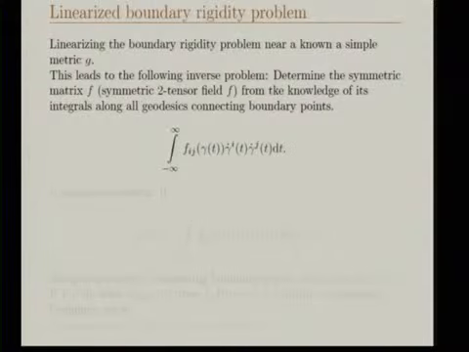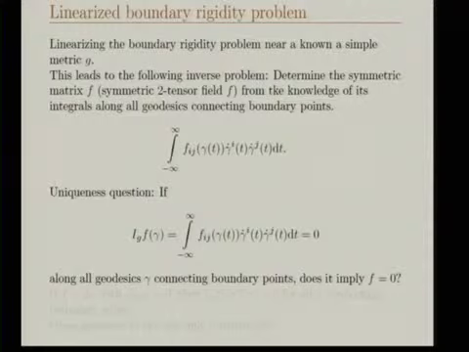You can view it as a matrix of functions, but it's not positive definite or anything; it is symmetric. So you have the integral of f along geodesics. g is known, therefore all the geodesics are known. So if I give you the integral of f, which is a symmetric tensor field, defined here, that is, I give you I_g f, does it determine f?